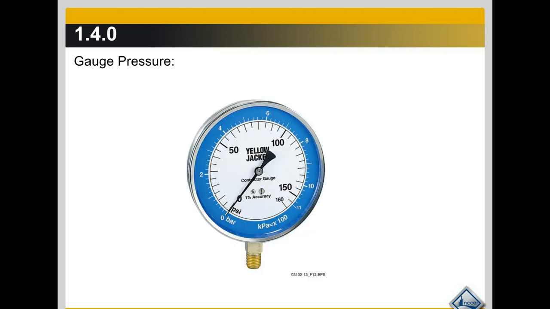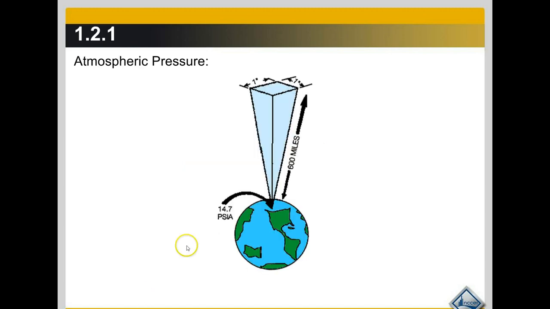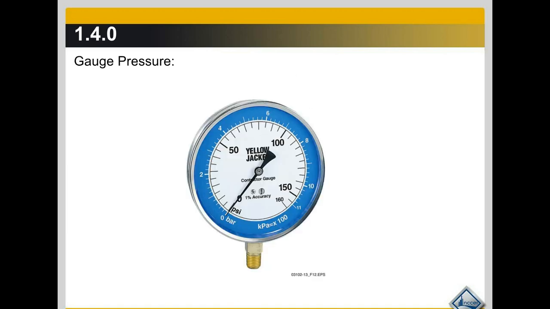Gauge pressure, that's different. If you remember, we have 14.7 pounds per square inch of air pressure pressing down, but this gauge, which is open to the atmosphere, reads 0.